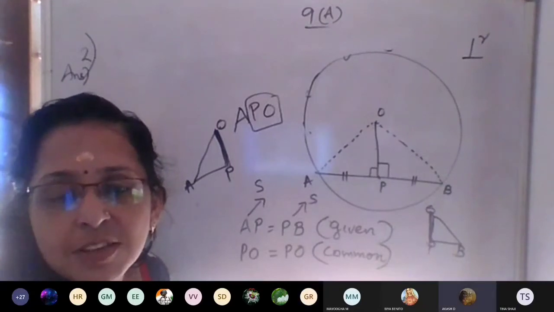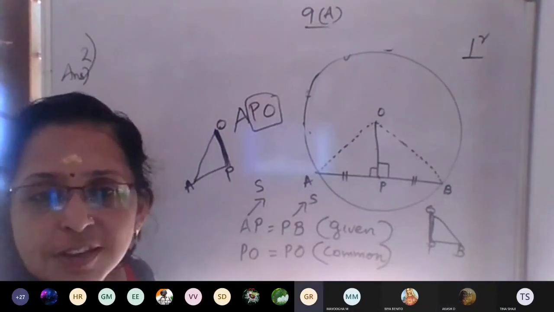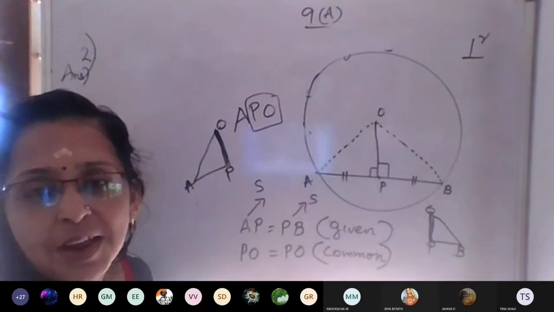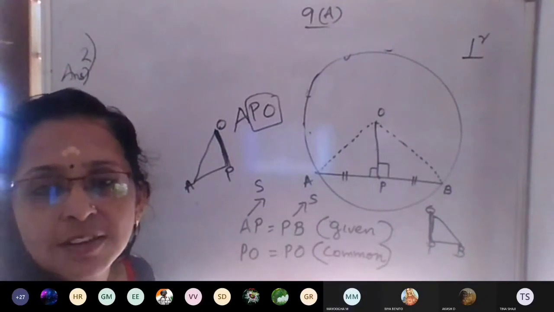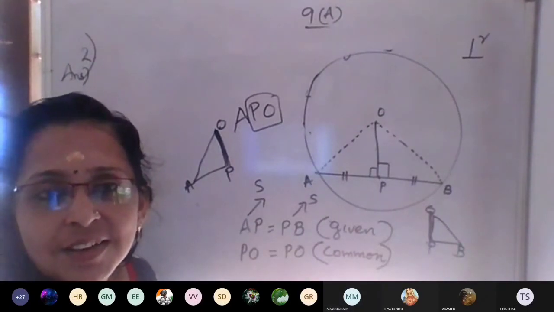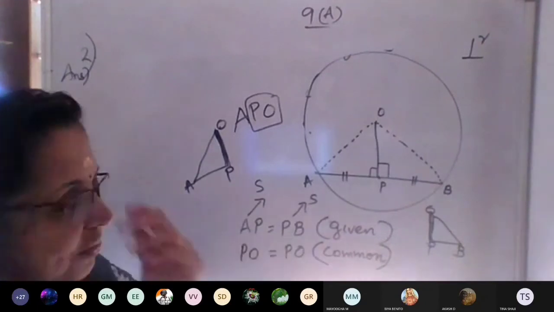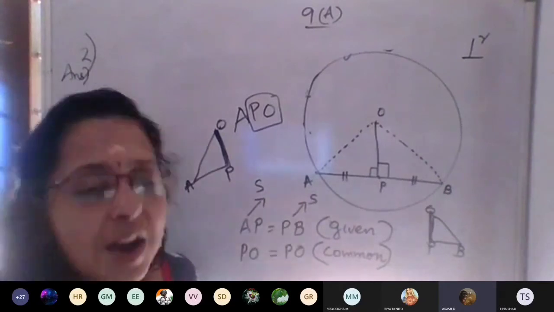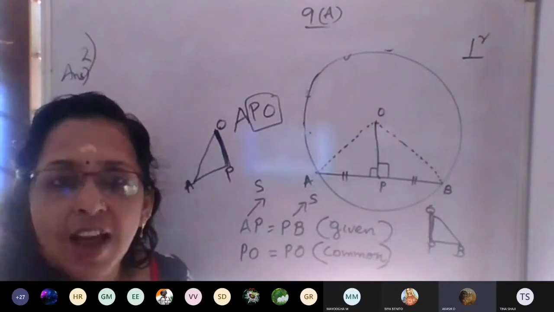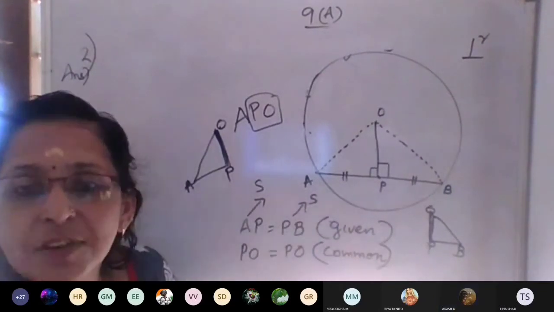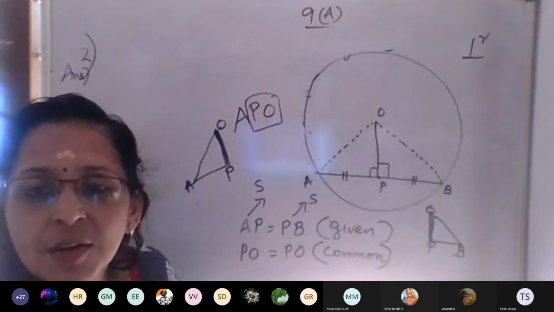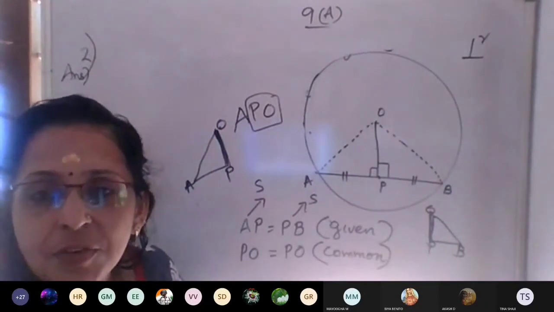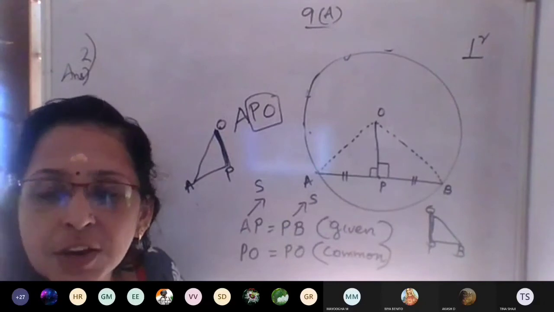When we write directly from the figure itself, we can say angle P is equal to 90 degrees, so RHS is proved. But we want to find OP perpendicular to AB. Very good, Akash. That means we have to prove that. So how can we write OP is 90 degrees? We have to prove OP is perpendicular to AB.